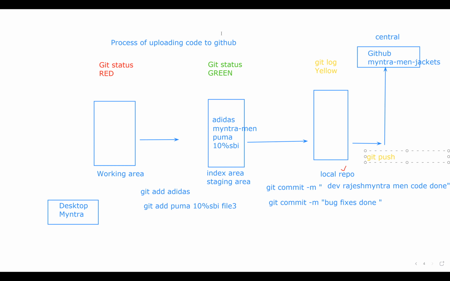I'll make a snap of this. We can download this as a PDF. I'll download this so that it will be a reference for you. I have done the print screen.